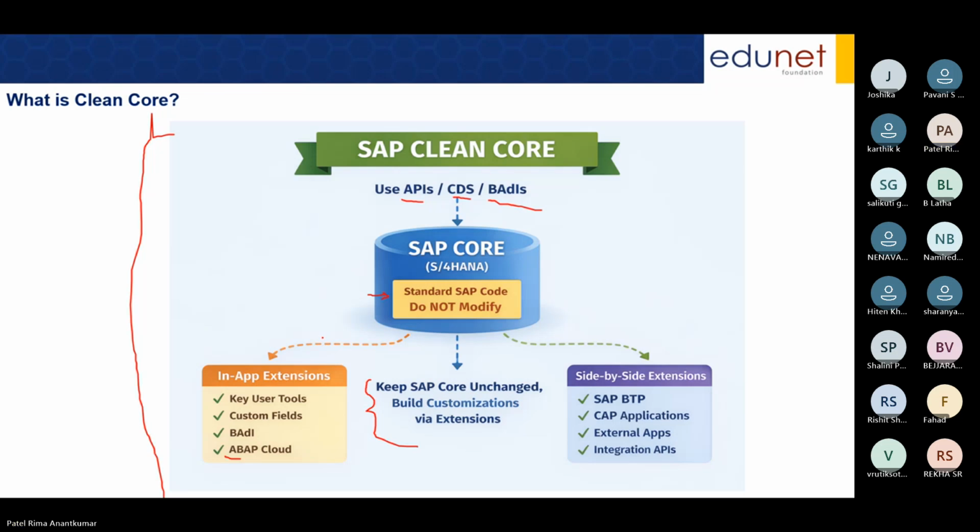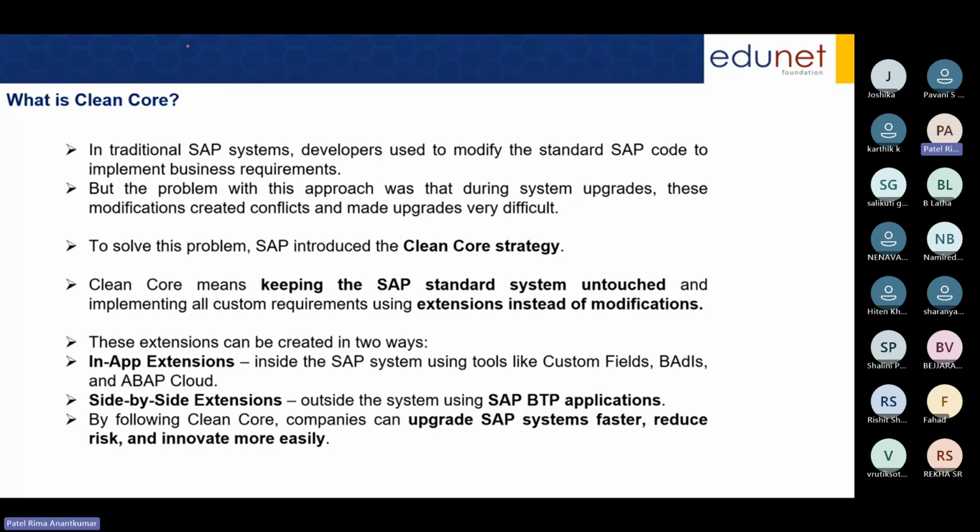As I told you, in the traditional system, developers used to modify the standard SAP code to implement business requirements. But the problem was that system upgrades and modifications create conflicts. To solve the problem, we use the approach known as the clean core strategy.